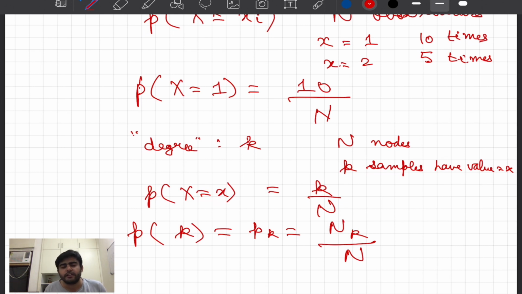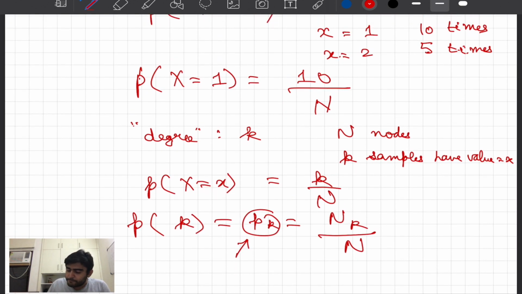So this would essentially represent the probability of observing a node of a particular degree in a given network, and this will form the foundation stone for all the discussions that we are going to have when we go to the details of network analysis. Now this pk is often referred to as the probability mass function. There is a distinction between a mass function and a density function, and I will shortly talk about that.